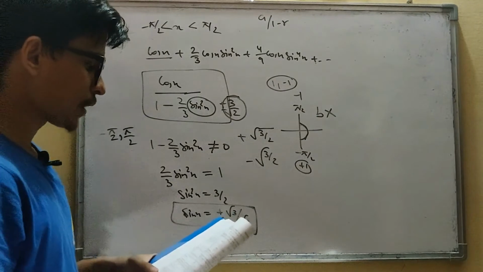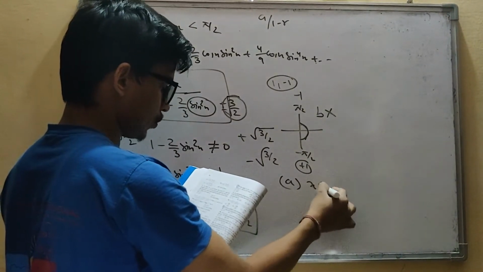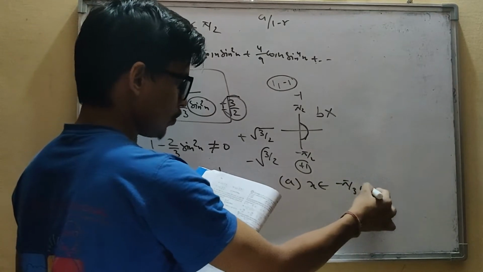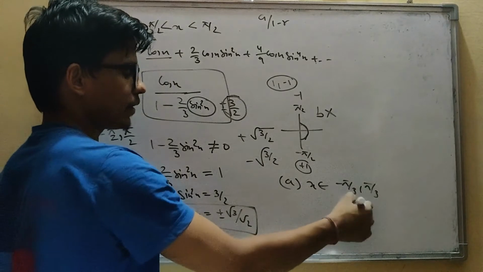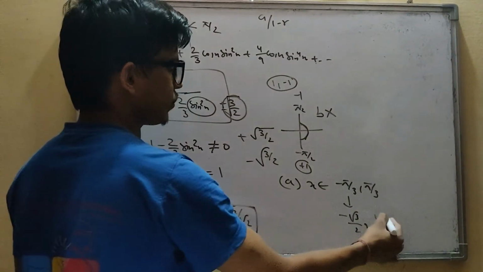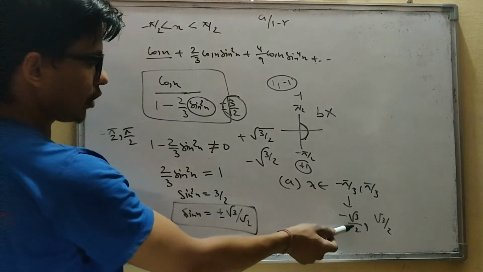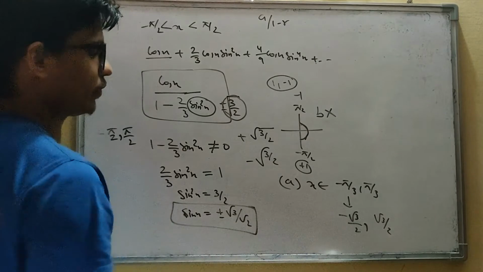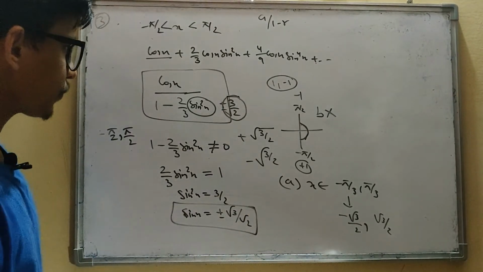Now next, for option A, x belongs to minus pi by 3 to pi by 3. So what is the value at minus pi by 3? It is minus root 3 by 2, and for pi by 3 it is root 3 by 2, right? So is it possible to attain the value of plus minus root 3 by root 2 for this?